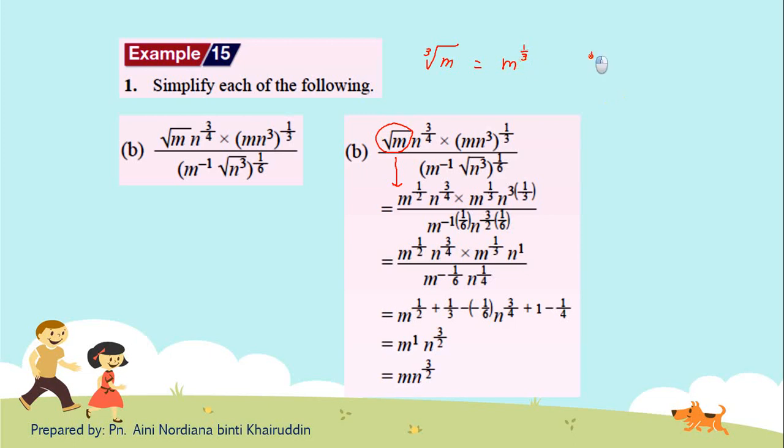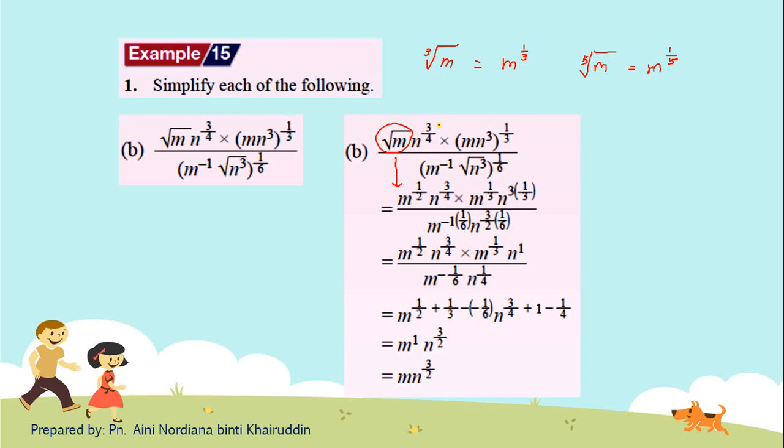If you have fifth root of m, then it becomes m to the power of 1 over 5. So please remember this. When you see this, change to m to the power of 1 over n. So square root of m here changes to m to the power of 1 over 2.